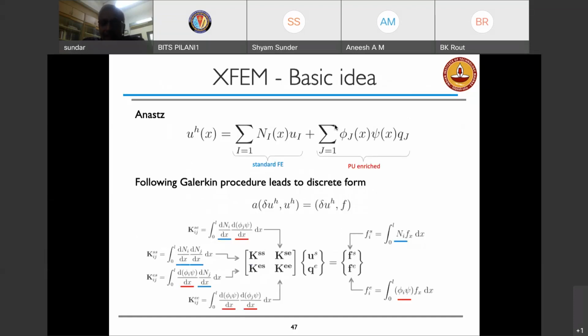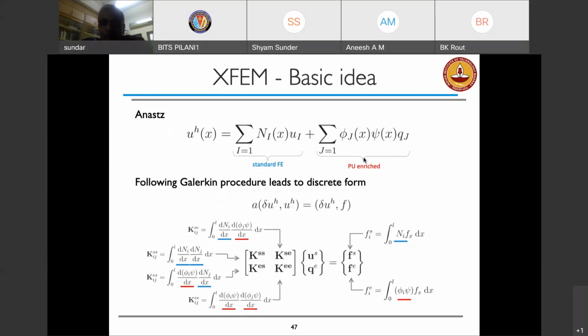The extended finite element method is one approach by which you can treat these discontinuities within the domain independent of the mesh. So the basic idea here is to take the conventional finite element approximation and add to it some functions which carry the necessary information of the problem.